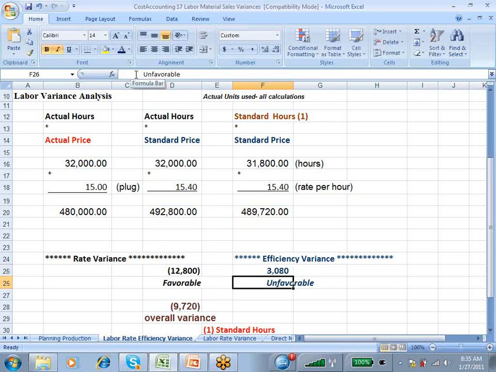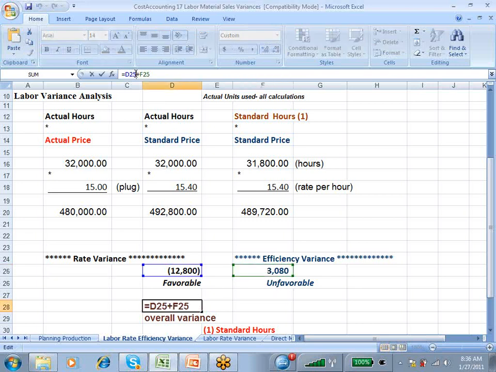That is unfavorable because in the far right column we planned on 489,720, that was our standard. But if we use standard price times our actual hours, we end up with a higher figure, so that is unfavorable. That means that our workers didn't work as efficiently as we expected them to. Maybe they were new, maybe they were poorly trained, somehow they were inefficient.